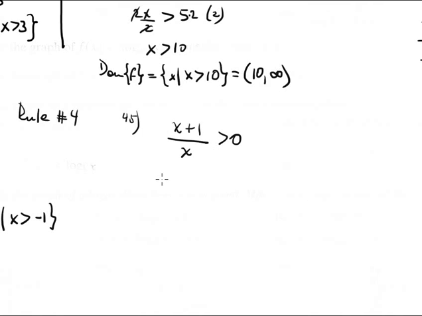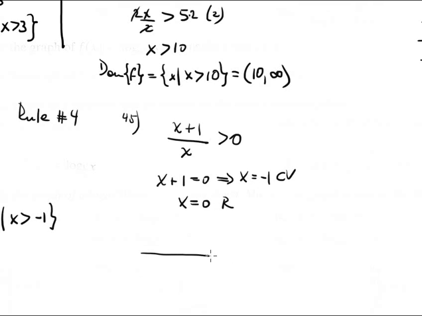Now you determine, in this case it's a typical rational inequality, the critical value, negative 1, and you determine the restriction. There's a restriction and a critical value.